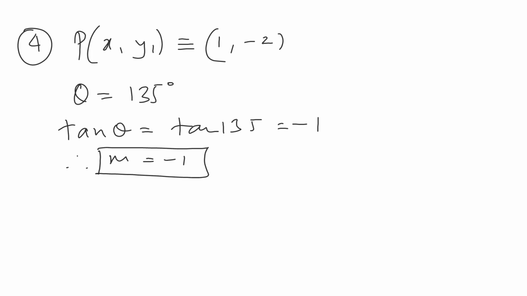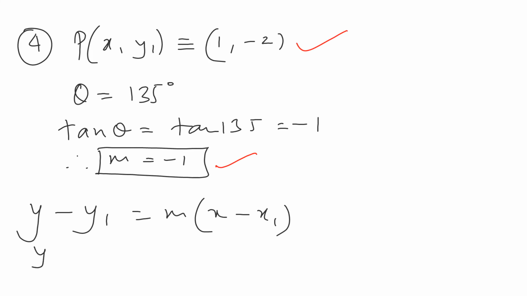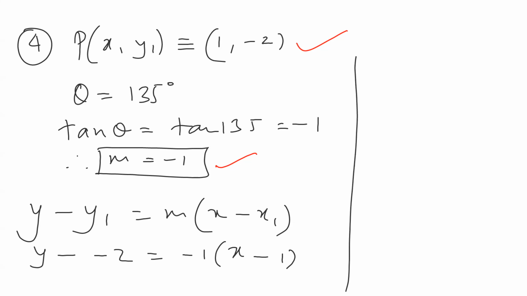So this particular line we can find out using the slope point form. So what's the slope point form? y minus y1 equals m times x minus x1. So y minus y1, y1 is minus 2, m is minus 1, x minus x1. So this will be y plus 2 equals minus x plus 1.